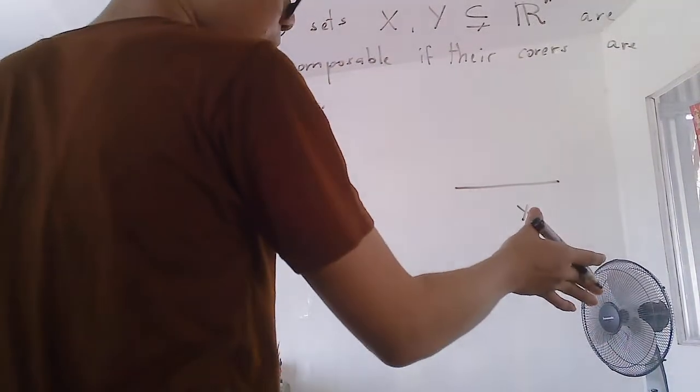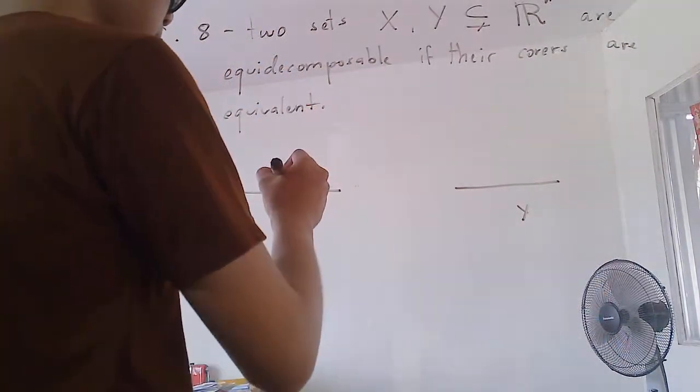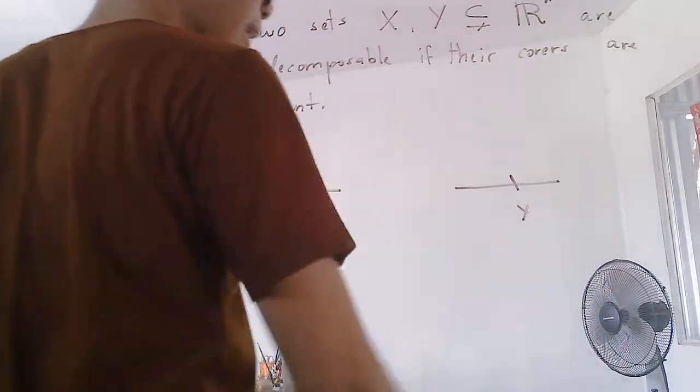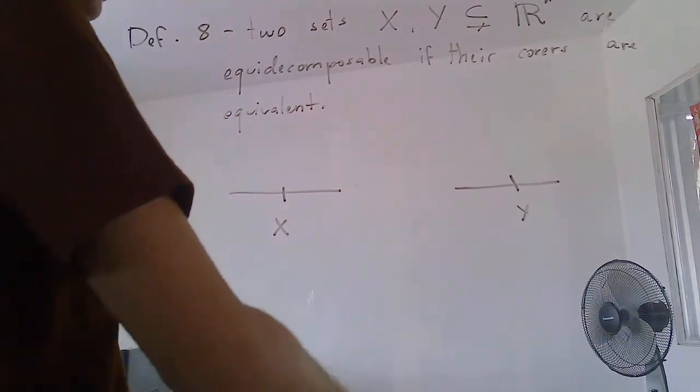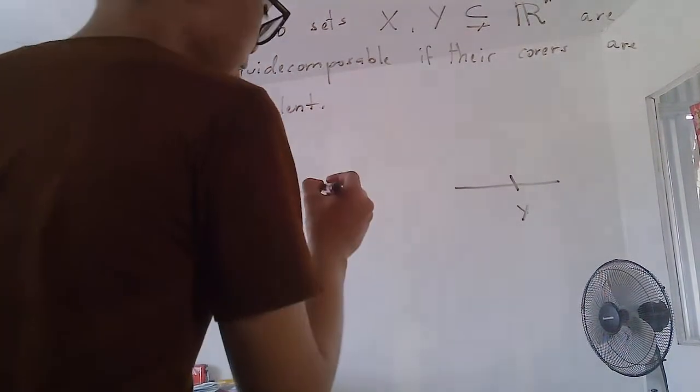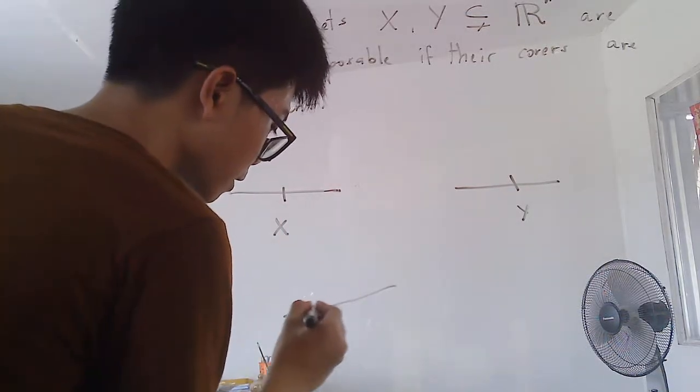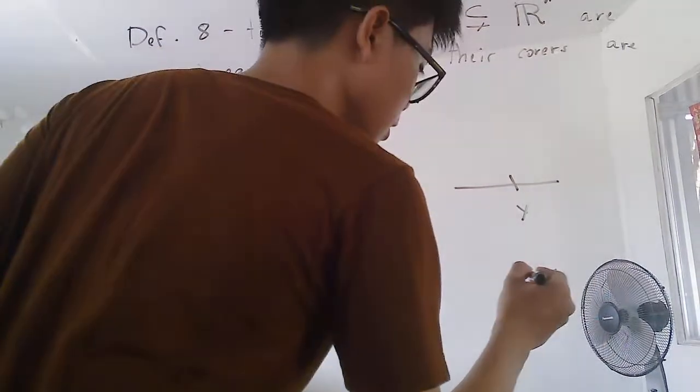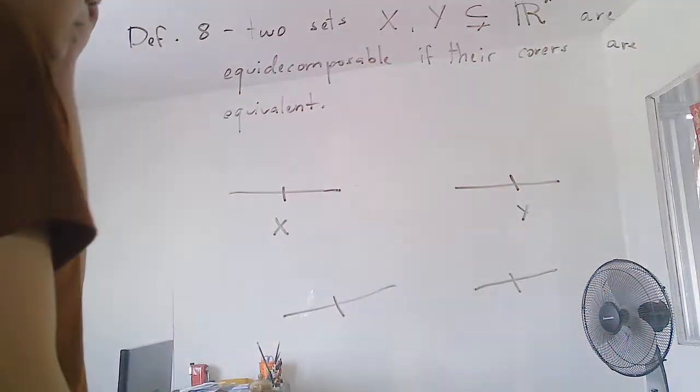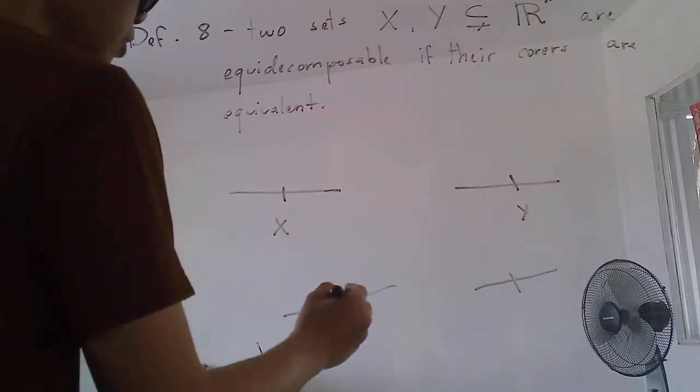Let's divide X and Y into two pieces of equal length. Now, if these two pieces are the same, right? I'll make a copy of these things. So I'll make another one here that's the same thing as X. But this time, I'll say that this is 4 divisions.